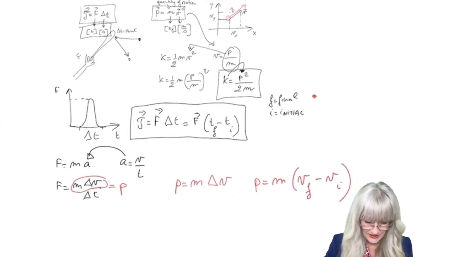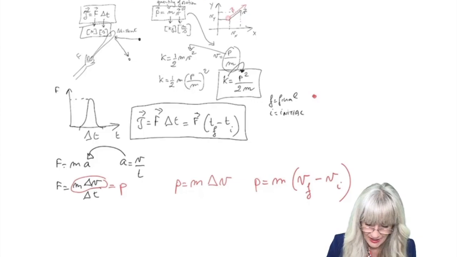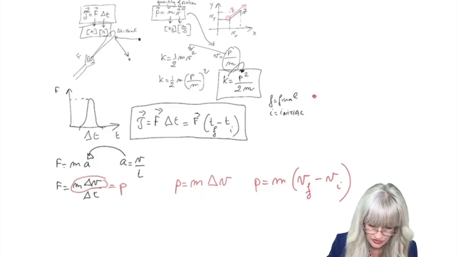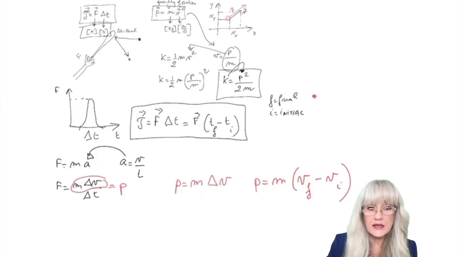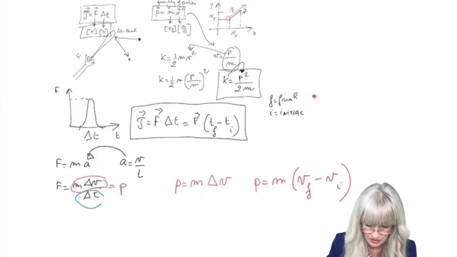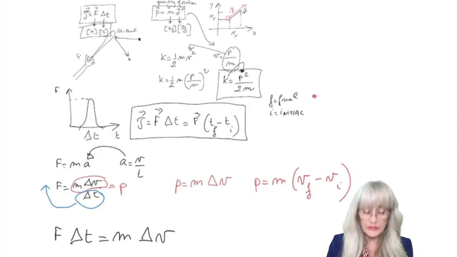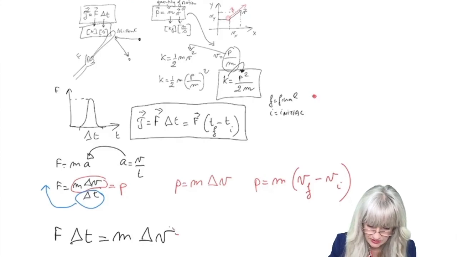If I do that, I can also obtain other information, because I'm also going to take the time and multiply over there. So I'm going to have force multiplied by delta t equal to m delta v. I already know that this one is the momentum change delta p.